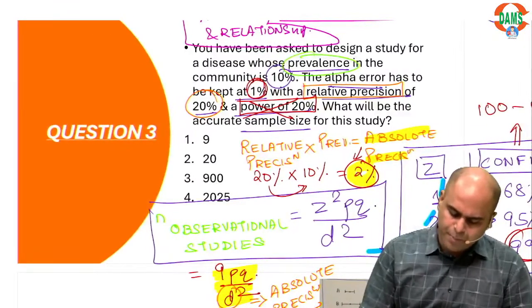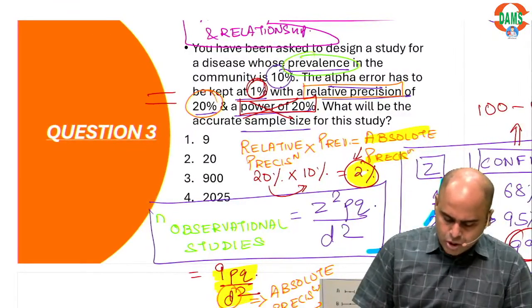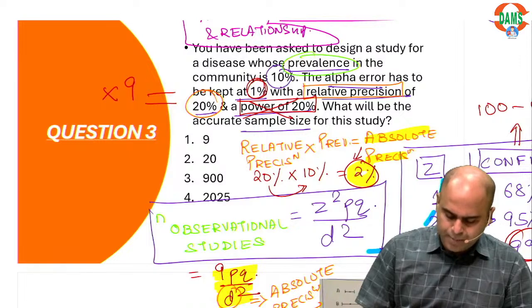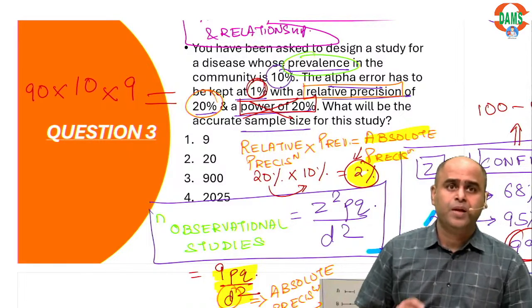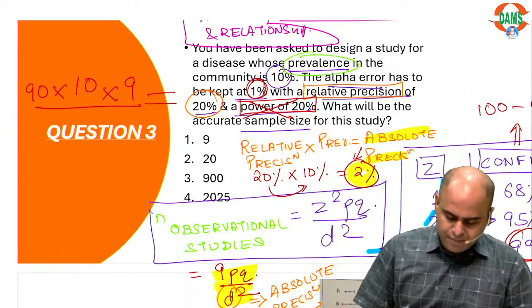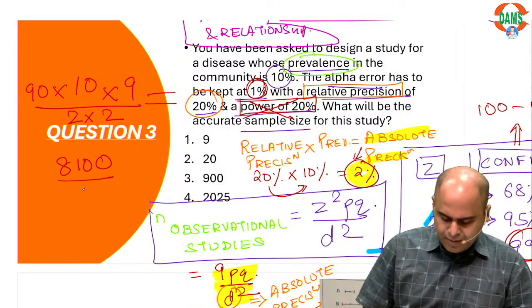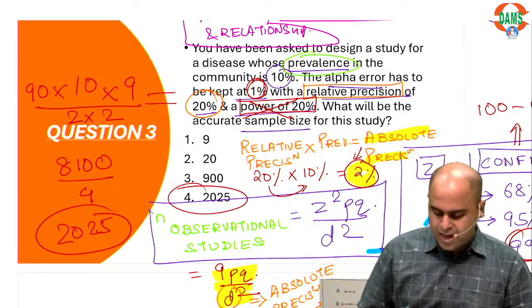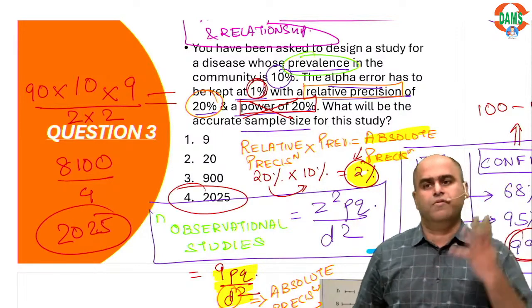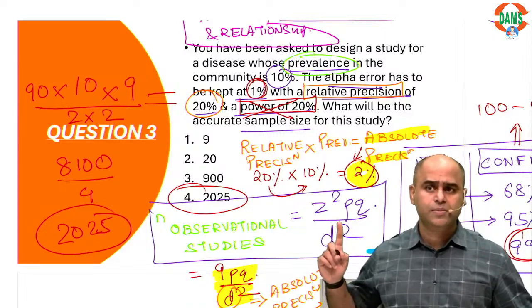Now let me put the values. 9 into P, P is 10, Q is 100 minus P, that is 90, divided by D square, 2 into 2. So my answer will be 8100 by 4, 2025. Answer to this question was option number 4. I hope I'm clear with this.